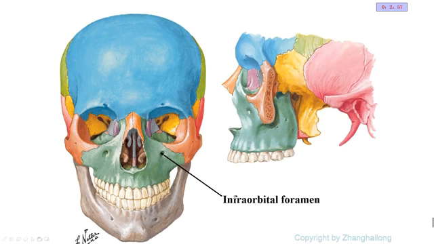This foramen is the infraorbital foramen because it is below the inferior border of the orbit. In this foramen, the infraorbital nerve, artery, and vein go out from here.